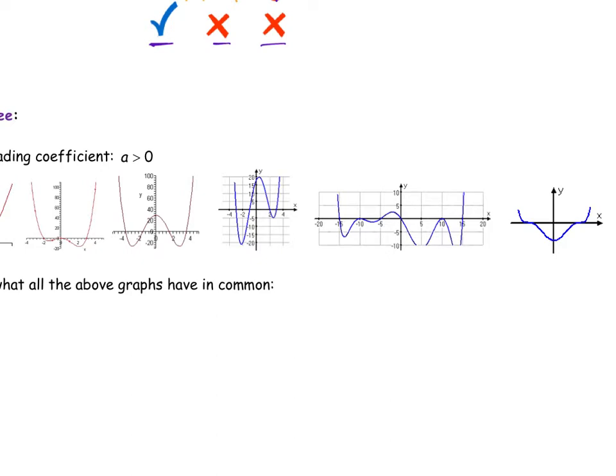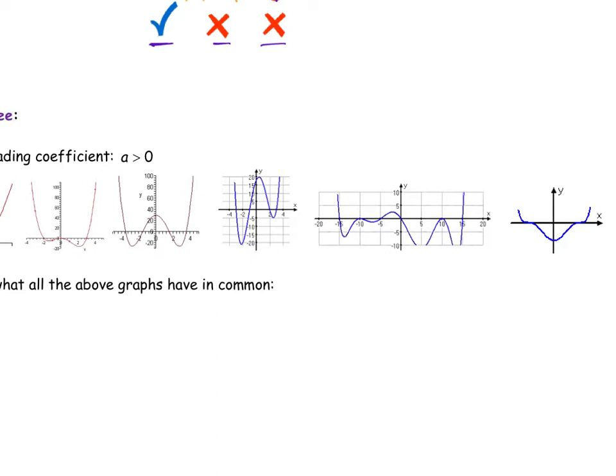Okay, so I think only one person actually said what we're looking for, and it was about the end behavior. So the one thing they all have in common. Let me go back up here. They all have positive and negative slopes.